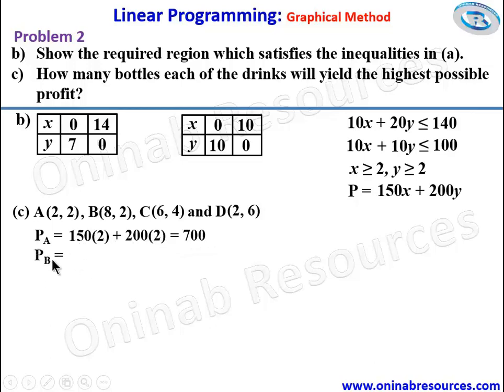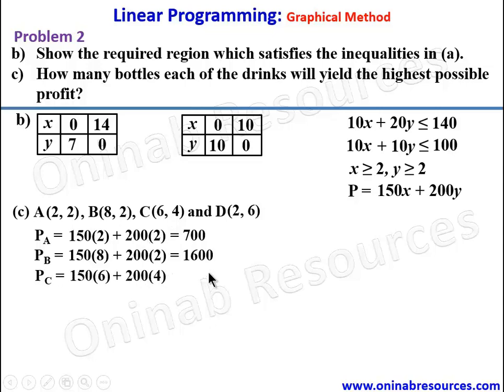And for P of B, we have 150 into 8 plus 200 into 2, which gives us 1600. For P of C, we have 150 into 6 plus 200 into 4, and that will give us 1700. For P of D, we have 150 into 2 plus 200 into 6, and that will give 1500.